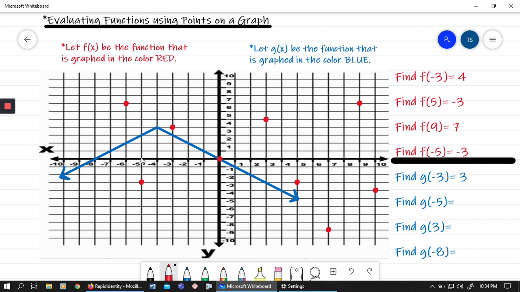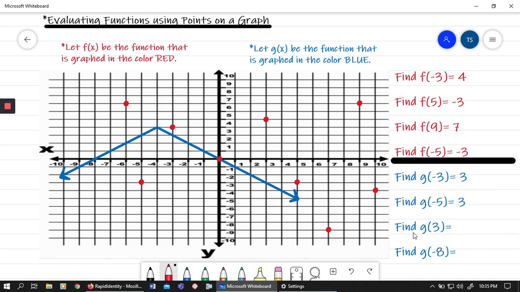So it's up how many? Let's count it. 1, 2, 3. Oh snap! This one's also up 3. So that means that the y value at this particular x value is 3.